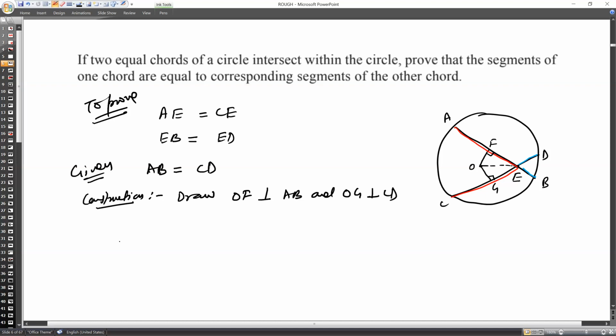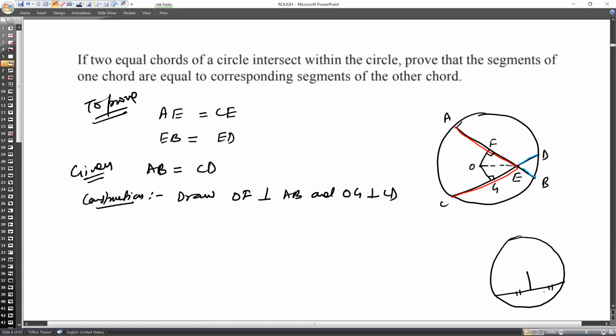This is the construction. Now let me first explain how you are going to prove this one. Because the two chords are equal, by the theorem we know that a perpendicular drawn from the center on a chord bisects the chord.